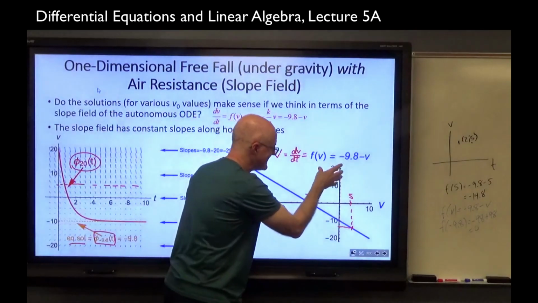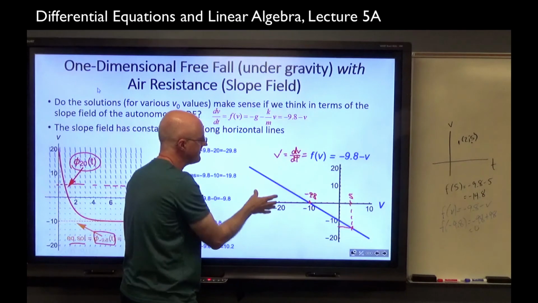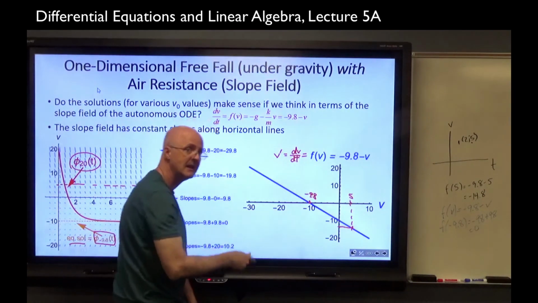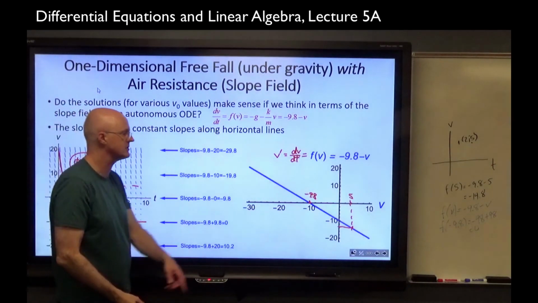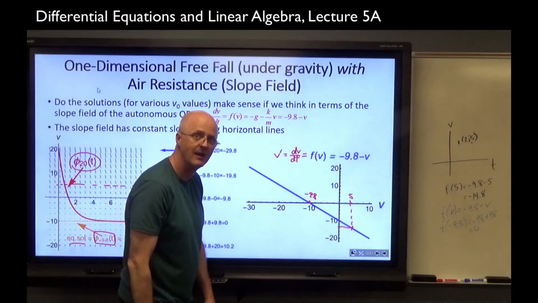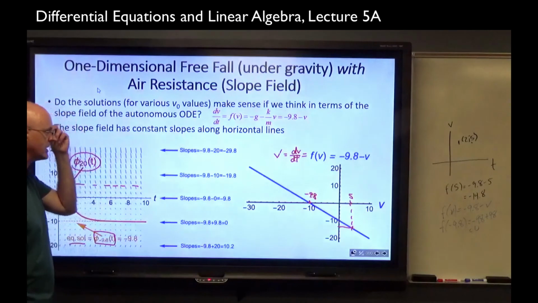This graph is negative over here when v is bigger than negative 9.8 and positive over here when v is less than negative 9.8. Slopes of solutions are negative up here and positive down here, and 0 when v equals negative 9.8, just like this is 0 there. It's going to be very important in coming sections of our differential equations book.